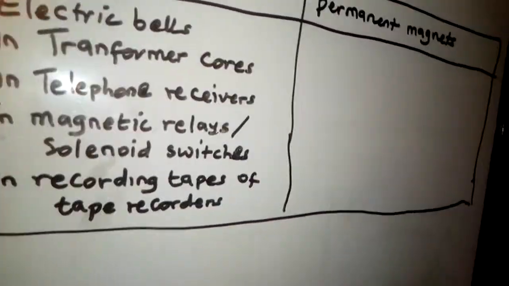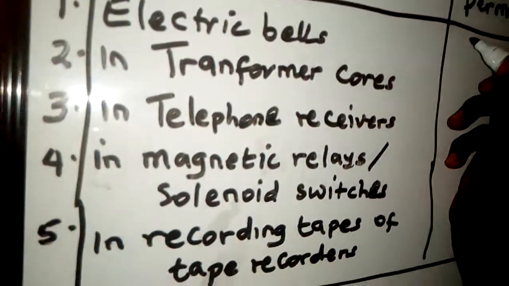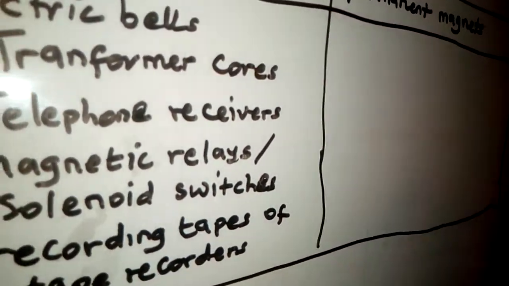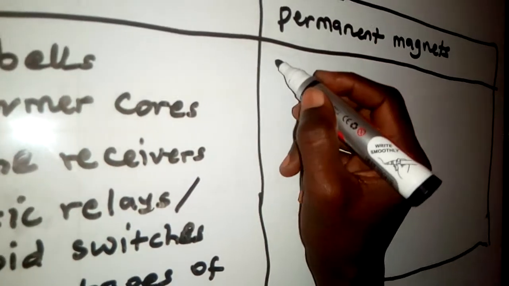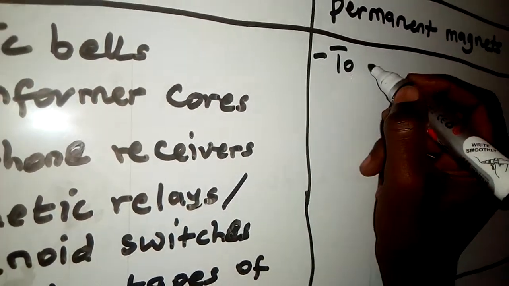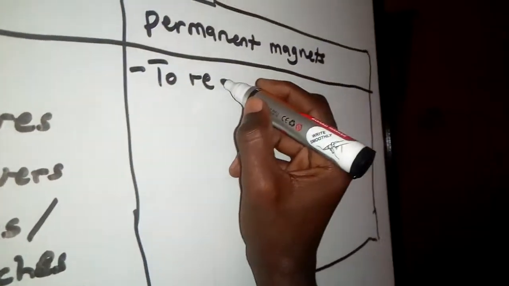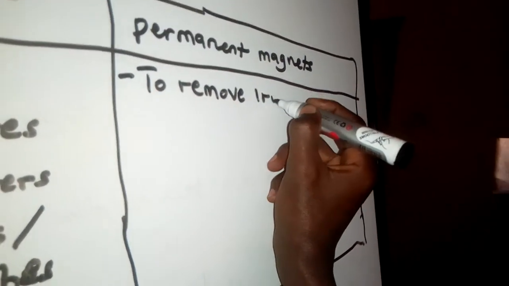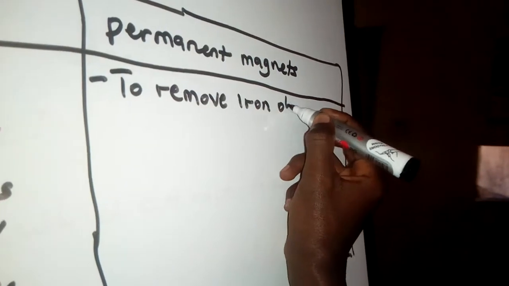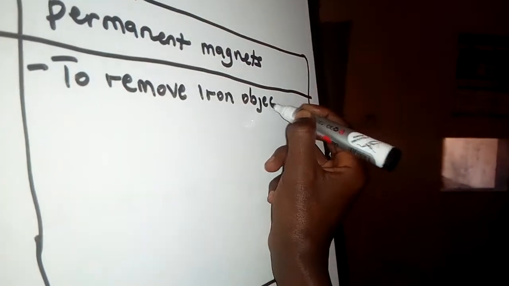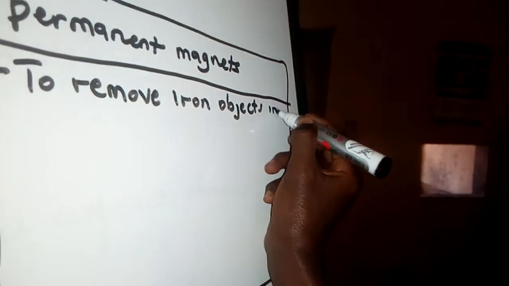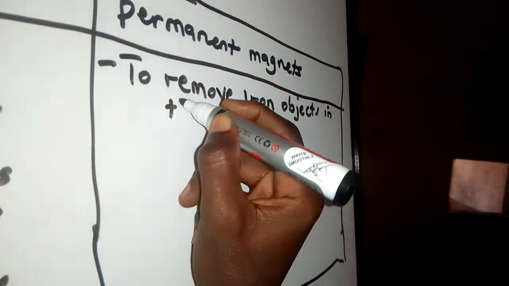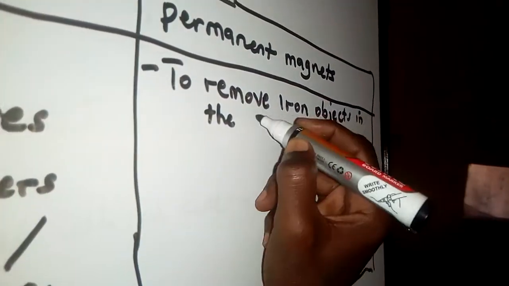So the first one is we can use a permanent magnet to remove iron objects from the ear.